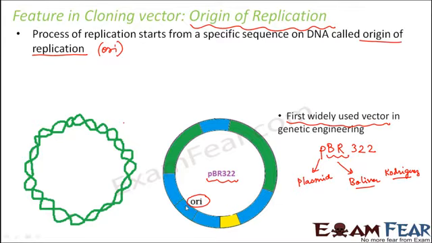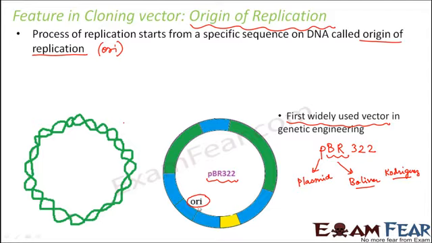Now if the foreign DNA, that is the foreign cut piece of DNA, is linked in this region, then that will also multiply. So if the plasmid DNA produces some 10 copies, then the foreign DNA will also produce some 10 copies. So it should be cloned to a vector whose origin supports high copy number.